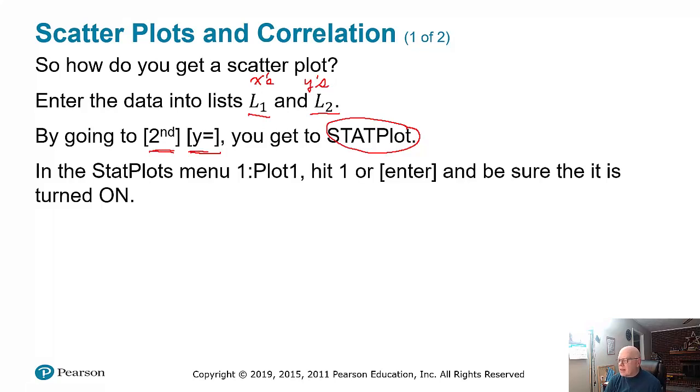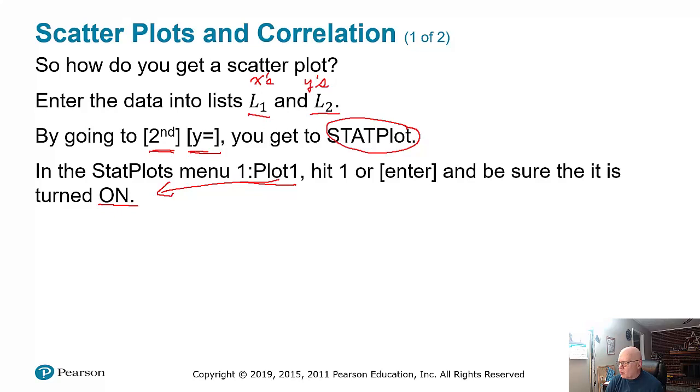Now, once you get there, you want to make sure that plot 1 is turned on. And by the way, although this is likely not to be true, you want to make sure the other plots are turned off. So take a quick look, make sure plot 1 is on and the other ones are off.